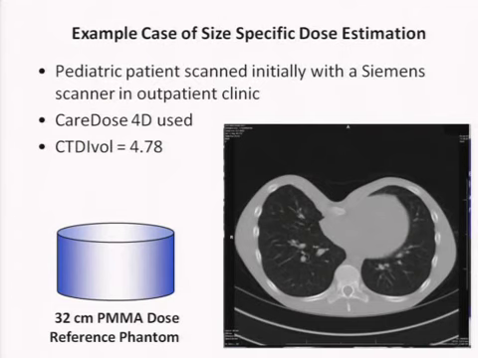We had a case that just came up in my clinic last week: a pediatric patient scanned on an outpatient Siemens scanner. CTDI vol was 4.78. This person had some issue with his chest and was going in for surgery. This scanner uses a 32 centimeter phantom for its CTDI vol measurement in the dose report, right? And so we can go in and make physical measurements of the patient's geometry here.